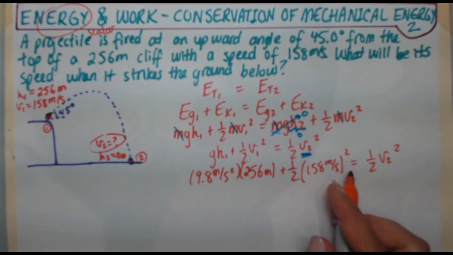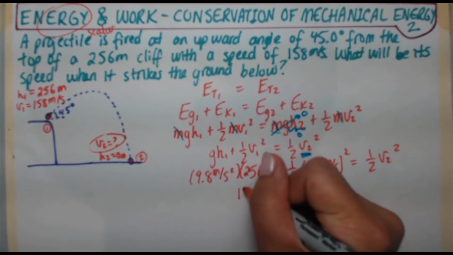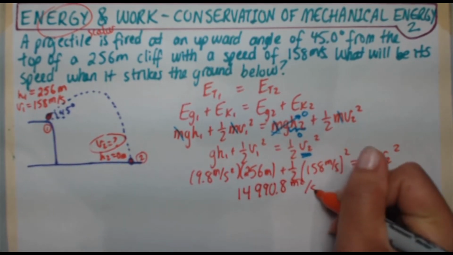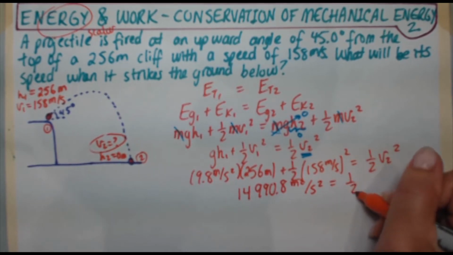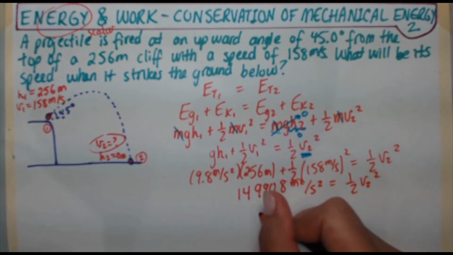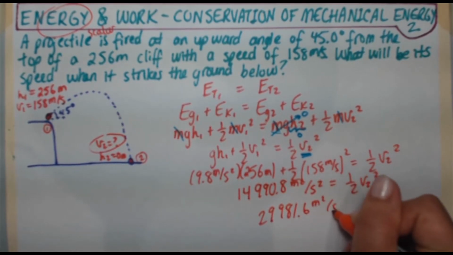The left side of this expression, if you calculate it, you're going to get 14,990.8 meters squared per second squared equals 1/2 v2 squared. Now you want to multiply both sides by 2 and take the square root. If you multiply both sides by 2, you're going to get 29,981.6 meters squared per second squared.